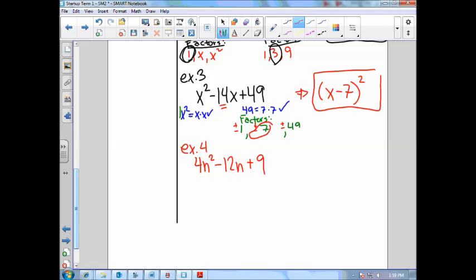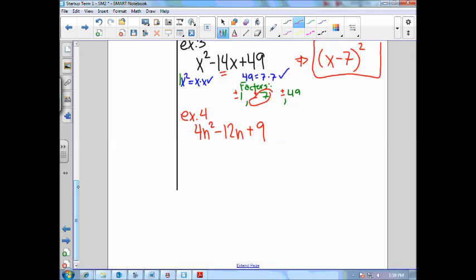Instead of the first term being x squared, we actually have a coefficient and a variable. Yeah, so it's not an x anymore, it's an n, and there's a coefficient with the n squared. So we have a 4, and we don't have the pretty 1 in front anymore. But we do the same thing, because is 4n squared a perfect square? Yes.